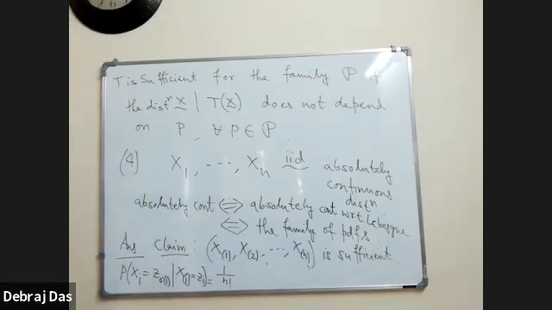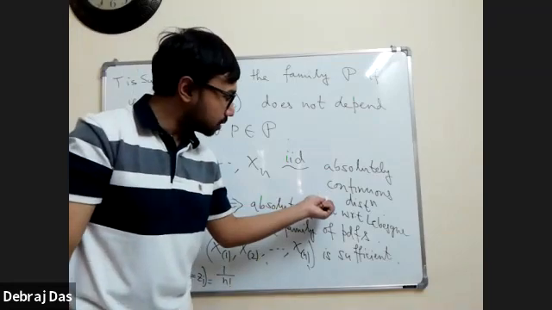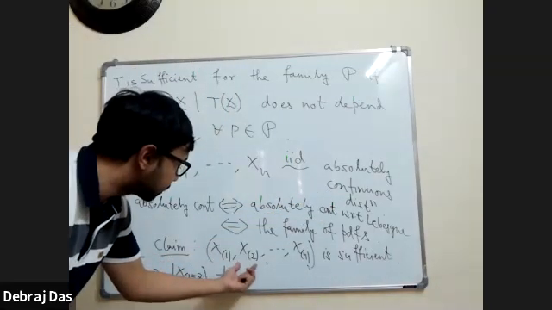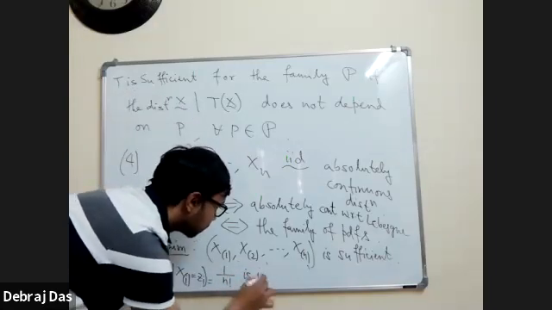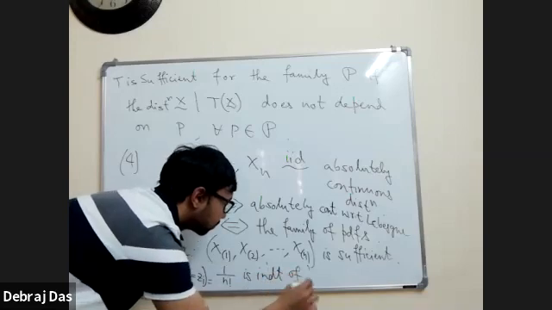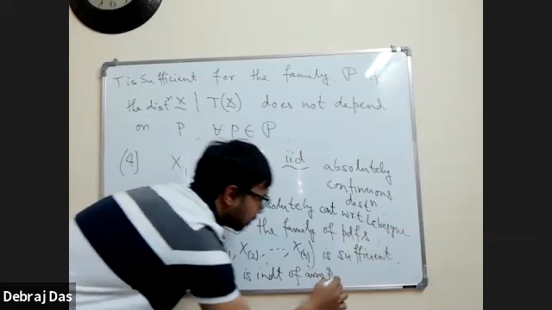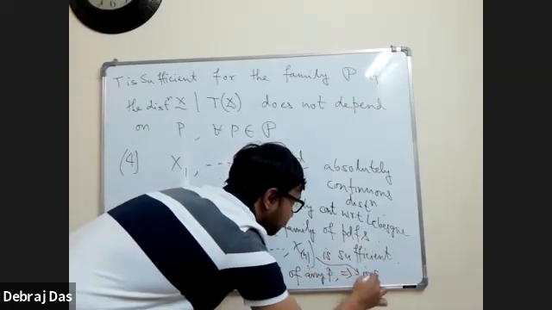So since it is independent of any choice of the absolutely continuous distribution, the collection of order statistics is sufficient, independent of any P, right? Hence this is sufficient.